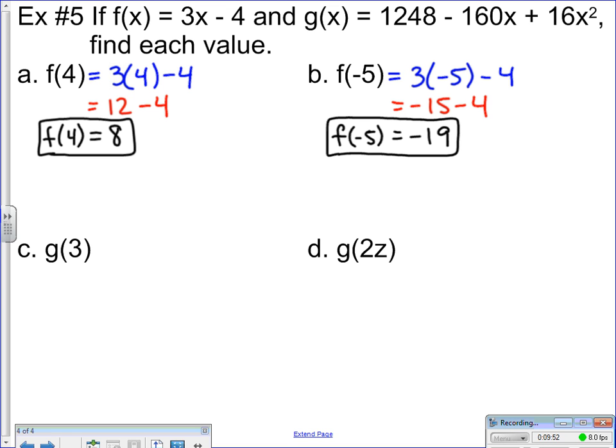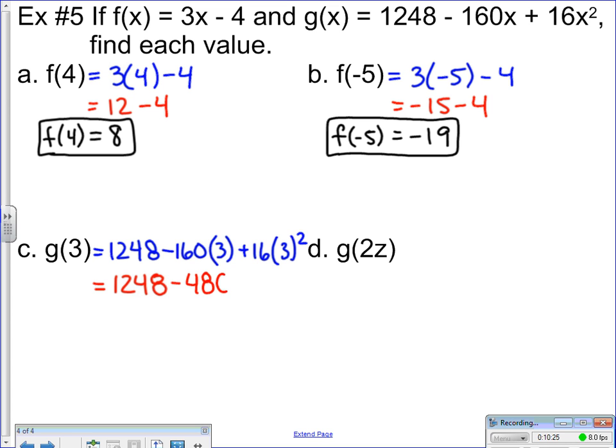Now for g, which is a little bit bigger function. 1,248 minus 160, and then that's where an x comes, so I'm going to put a 3, plus 16, there's an x, 3 squared. So the 1,248 doesn't change. 3 times 160, I think that's negative 480.